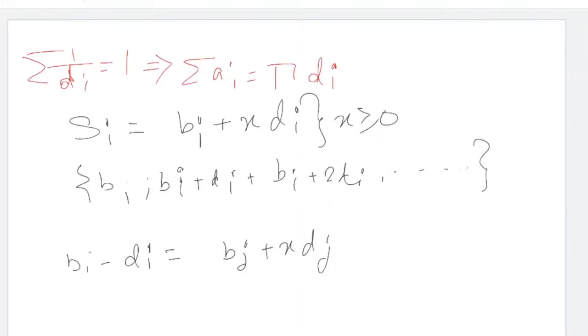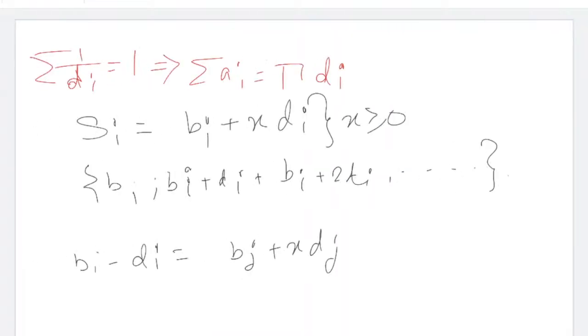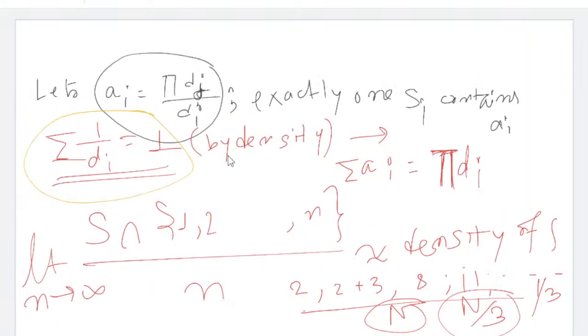So what do we need to find? What I was thinking was that maybe all the terms... Oh wait, is it possible that the AI are not even integers? No, it's a product of a lot of integers.